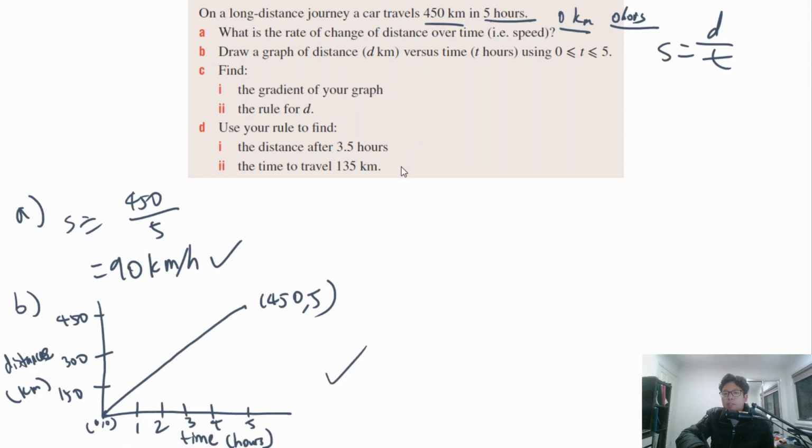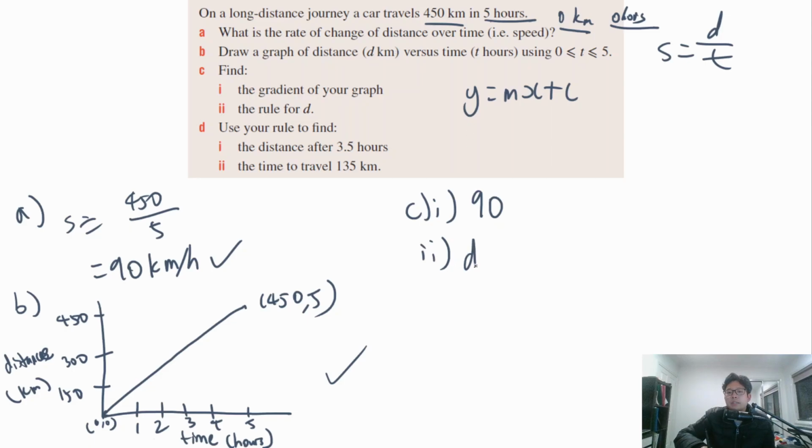Now next part, question C, part 1, find the gradient of your graph. Remember, gradient is just the rate, so the gradient would just be 90. Alright, now question C, part 2, the rule for D. So remember, it always uses y equals mx plus c, and we use distance, kilometers, as the y, and it asks you to use D for that.